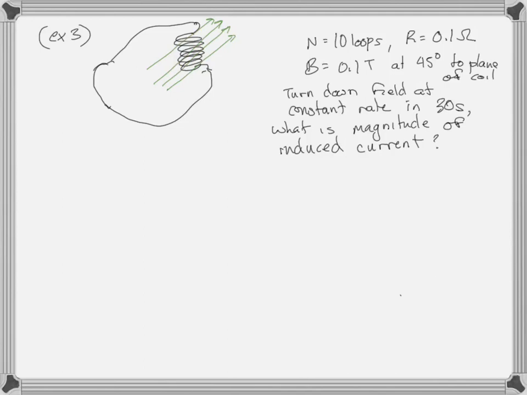Well, first of all, the current is only going to be induced while the field is changing. So we're only going to induce current for those 30 seconds. Right? So the magnitude of the induced EMF is equal to IR, which is equal to N dΦ/dt. So the magnitude of the current, we'll just write it without the absolute values, is N over R dΦ/dt.